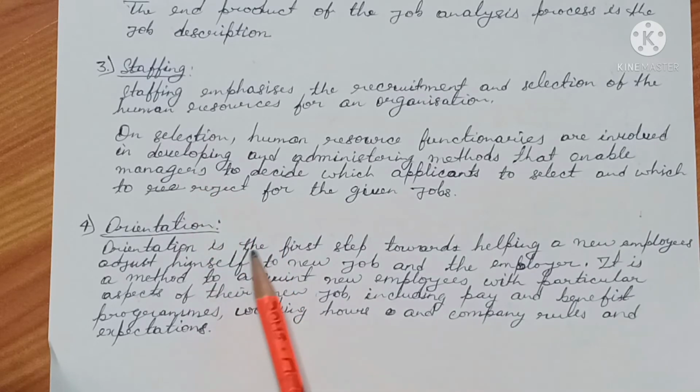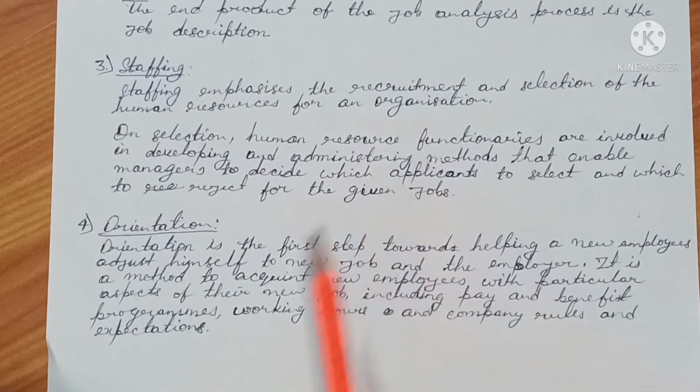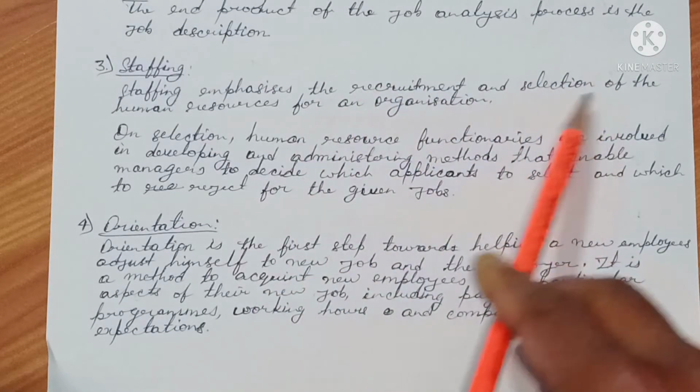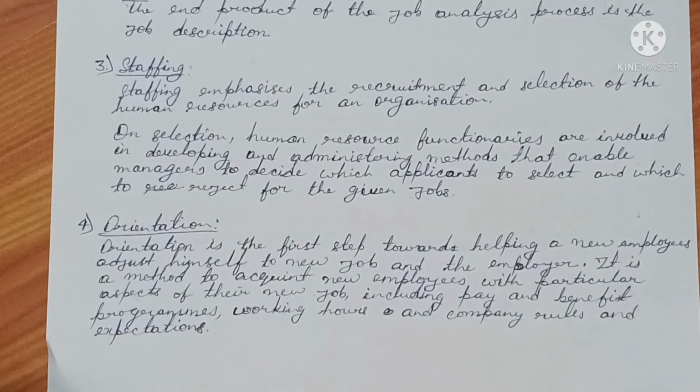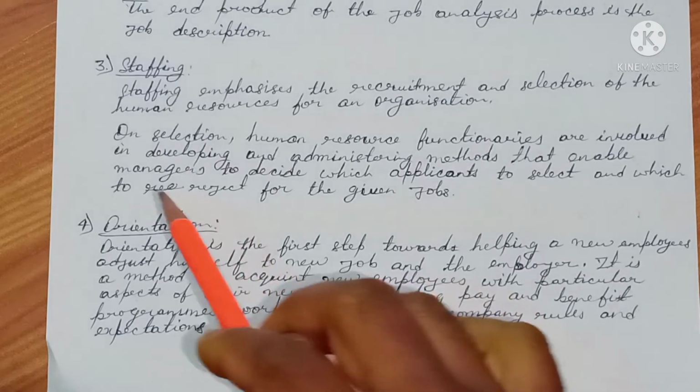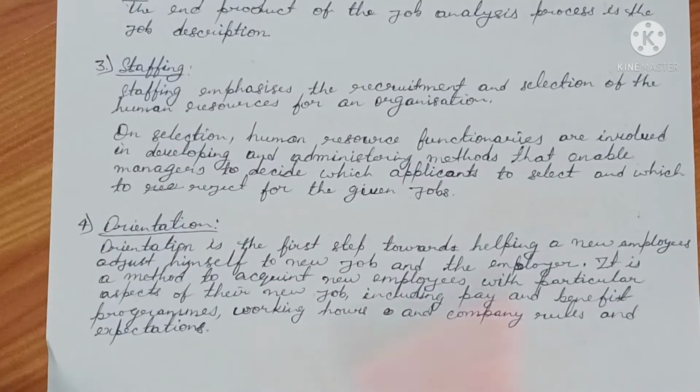Selection means if any human requirement is there in any organization, and so many people applied, then out of those people, who is going to be selected, and who is going to be rejected, that is done in the selection process.